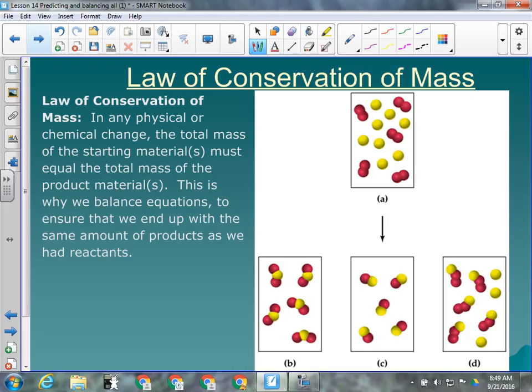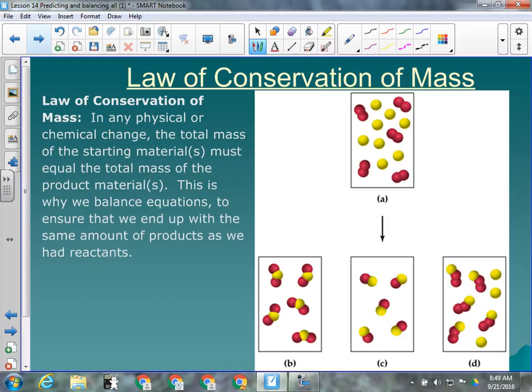There's way more yellow atoms up here in the reactants than there are down here. So the mass is not being conserved in this one. In this one, it's just obvious that there's way less matter in C than there was up here in A. The thing that throws people about D is that we didn't make all these molecules. Some of these things are still floating around freely by themselves. That's okay. And in fact, in most reactions, that's what happens.